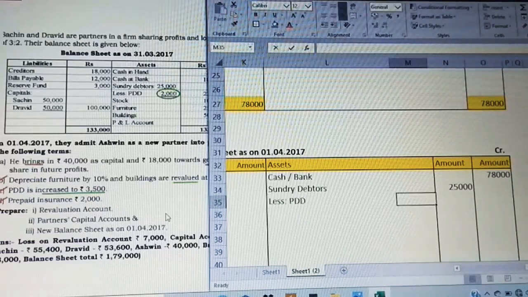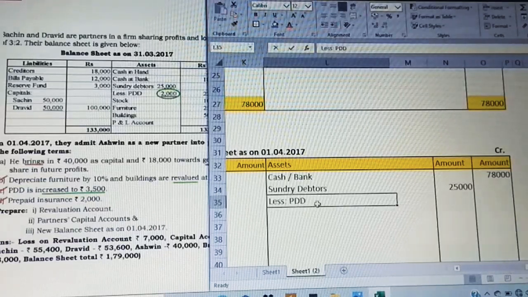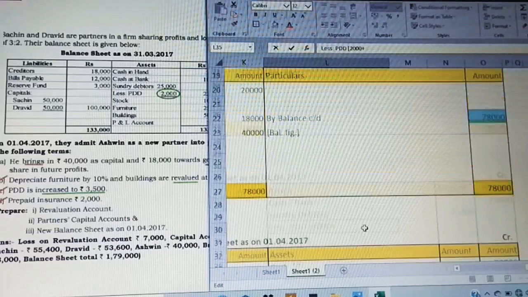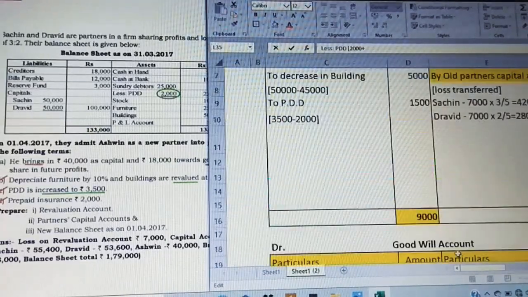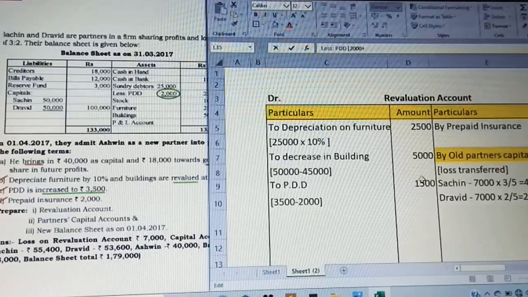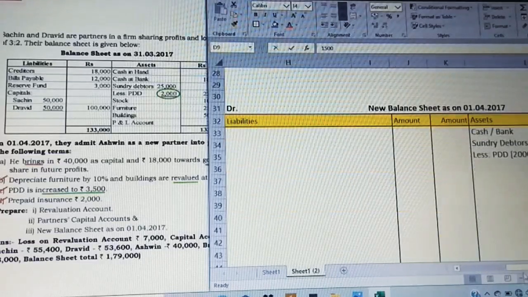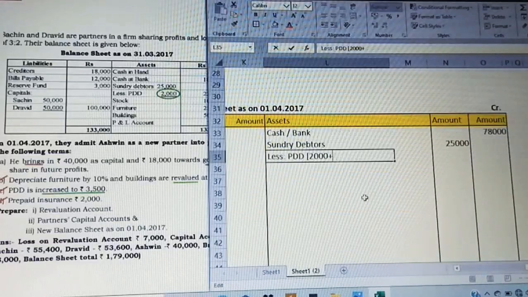PDD. So for the less PDD, I'm going to take up the total which we need to take. We have the old provision as 2,000. Plus, could you all find out in the revaluation which we prepared, PDD is 1,500 in the amount column which we have written. This we need to add up. So I'm going to take 1,500 and add here. 2,000 is the last, and 1,500 is the present.